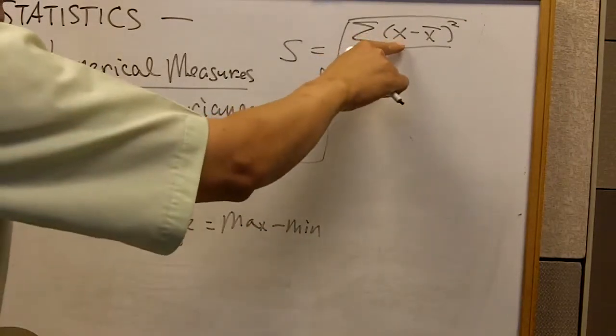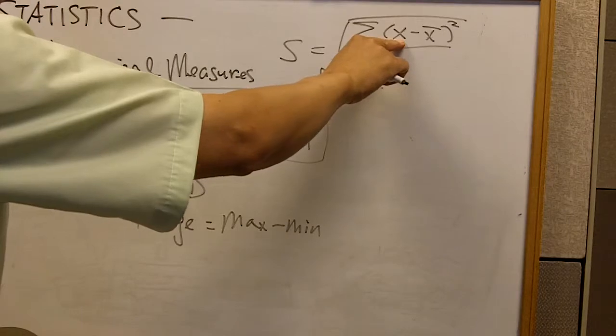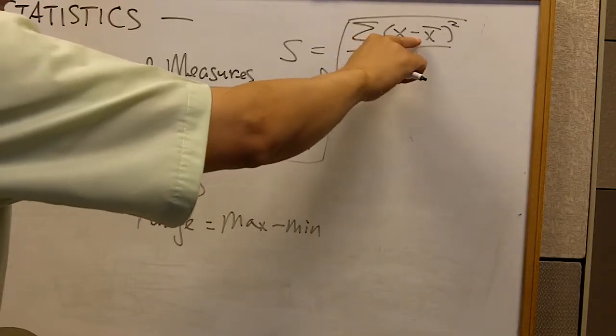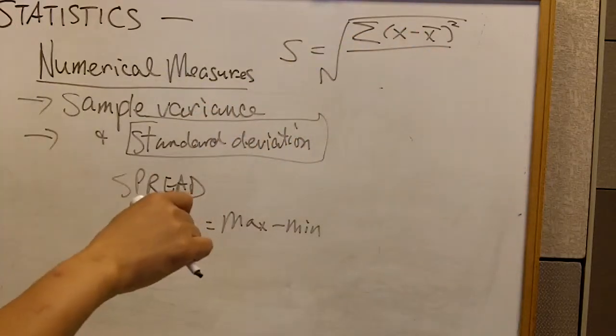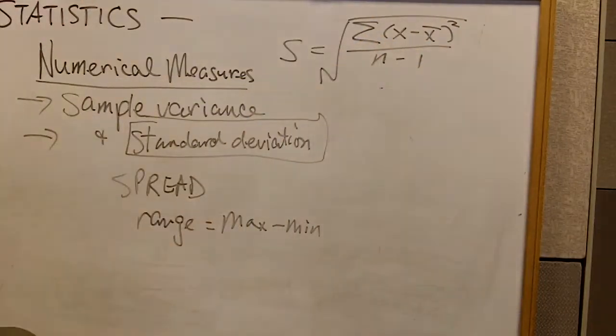So we're taking each of the x values out of a data distribution, subtracting the average from it, squaring that, and dividing by n minus 1.